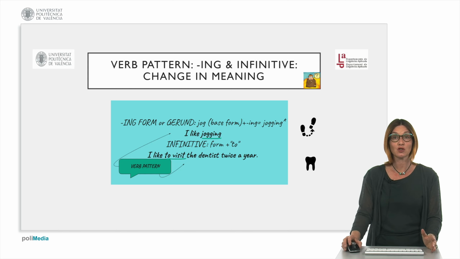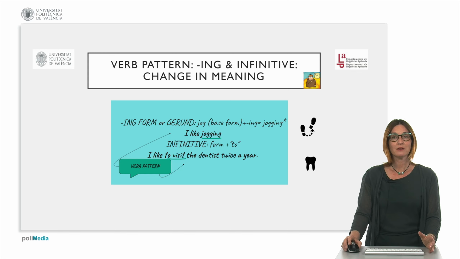So, I like jogging. And just remember that there are two types of infinitives. We have the bare infinitive, without to, and the infinitive with to. So today we're going to have a look at those verbs which are followed by the to infinitive. So we have the verb, I like to visit the dentist twice a year.